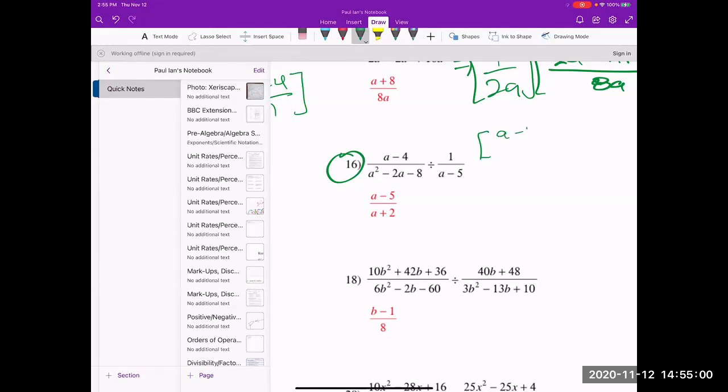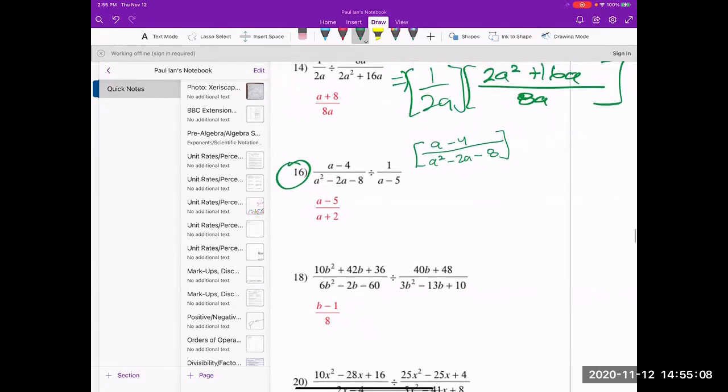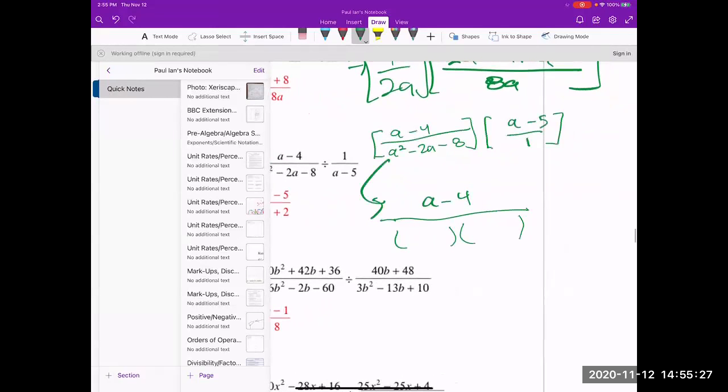So you have a minus 4 times n by a squared minus 2a minus 8, right? I think we're gonna have to do something to this bottom one. So what's the thing that you do at the bottom here? Distribute. So you have to factor these two guys, right? Every time you see something, you have to factor.